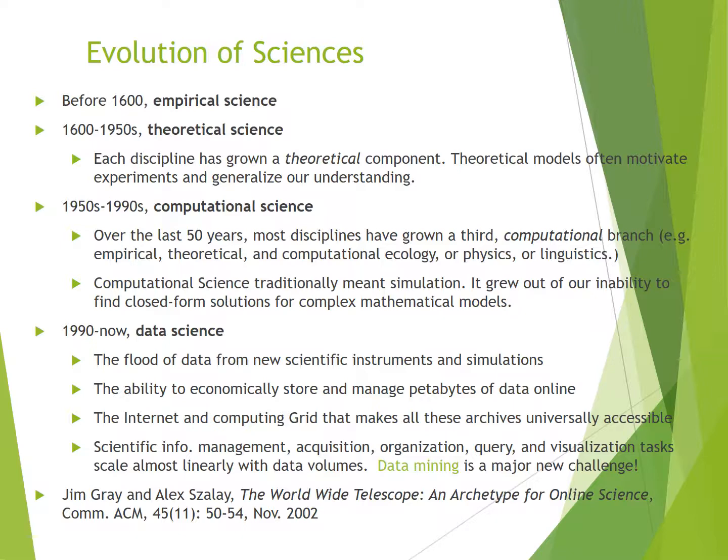Out of that era comes a very long one, the 1600s through the 1950s, where we talk about theoretical science. And theoretical science says, a level above hypotheses are theories, and theories are a generalized view or idea about how things work. And out of theories, we then postulate certain hypotheses, and then we test them with actual data.